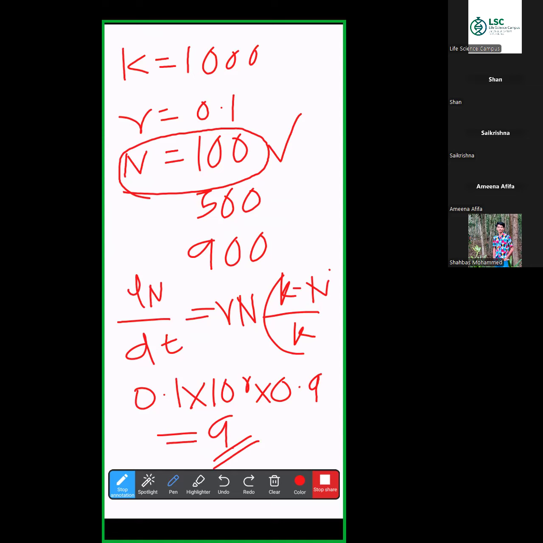Now you have to find the rate of change of population when the initial population size is 500. Find out by substituting N is equal to 500. Do you understand?